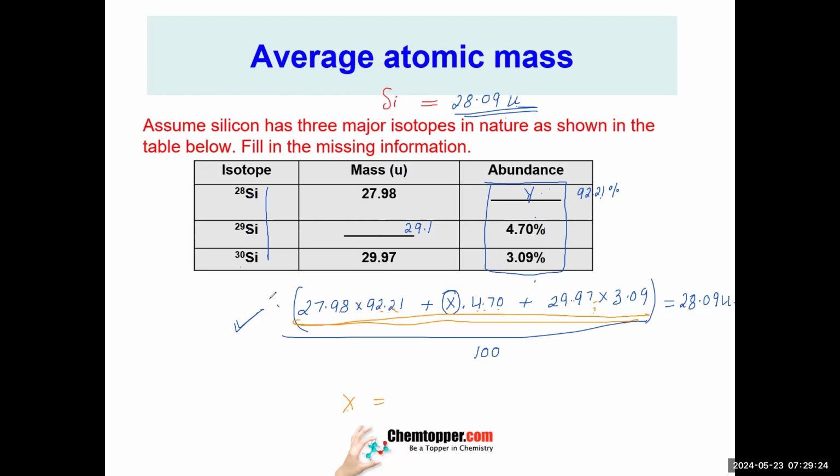Okay, take your time. So X is 29 point, I'm taking 29.1 U. So that is the answer. Okay, I have not done the calculation. That's fine. Perfectly all right, Akash. Okay, this is another type of question. Here, you calculated the mass of one of the isotopes. Moving on.